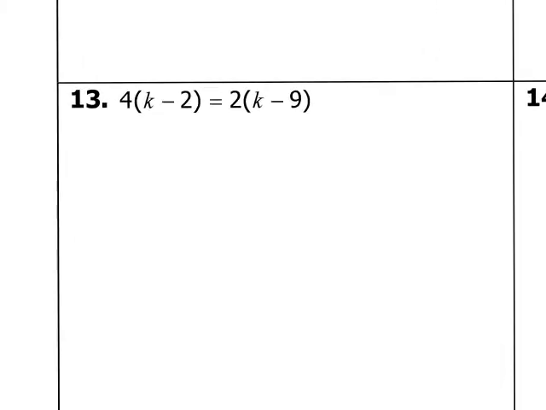So now we're starting to see some distributive coming in. And we've seen this a couple times before. It's coming back around again. Again, we're going to take this 4 and distribute it to the k. And then we're going to take this 4 and distribute it to the -2.